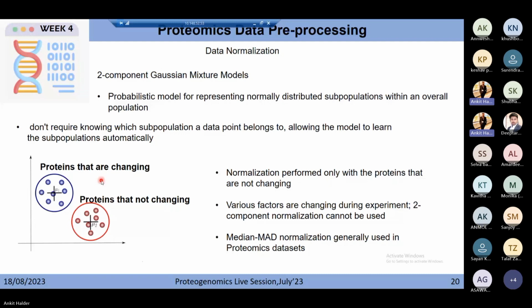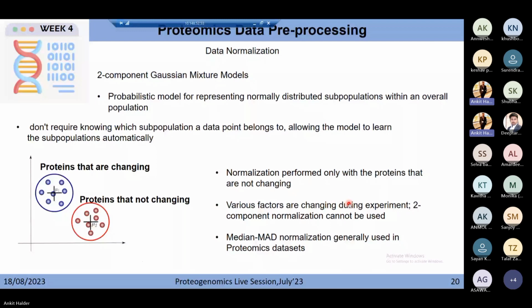So then what you will do is that you will ask, okay, since you have identified the proteins that are not changing, you will perform the normalization only with the proteins that are not changing. It looks like a lucrative type of normalization, where we normalize only with the proteins that are not changing.